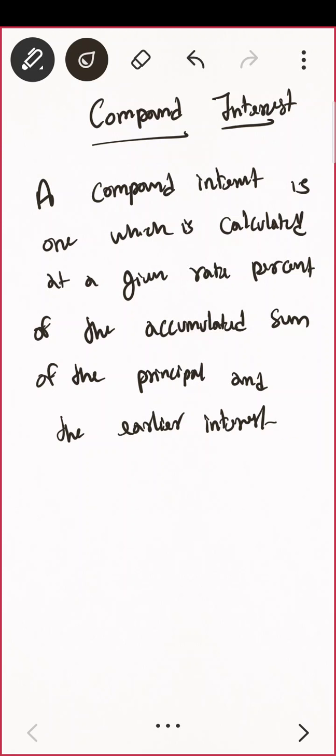That means I can just quickly explain you with a simple example. Yeah. So let me just tell you.